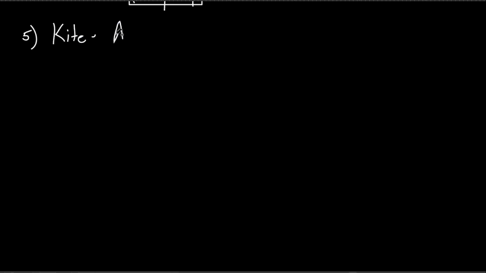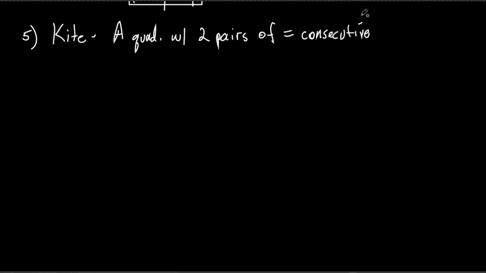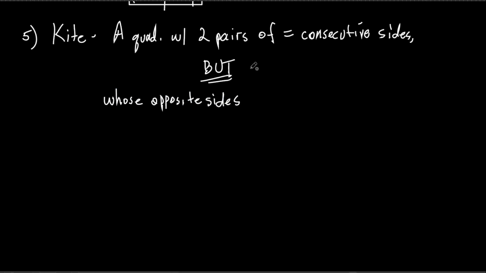It's a quadrilateral with 2 pairs of equal consecutive sides, but whose opposite sides are not equal.